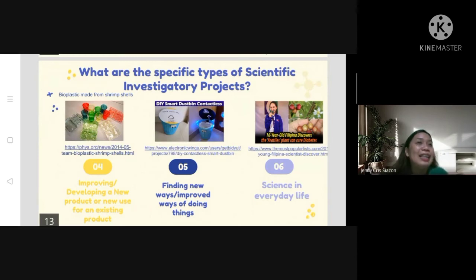Napag-aralan niya na talaga namang very good itong material na to become a container. 'Di ba? Yun ang result. Pwedeng-pwede siyang maging container. Pwede mo siyang lagyan ng load, no? For a certain limit.